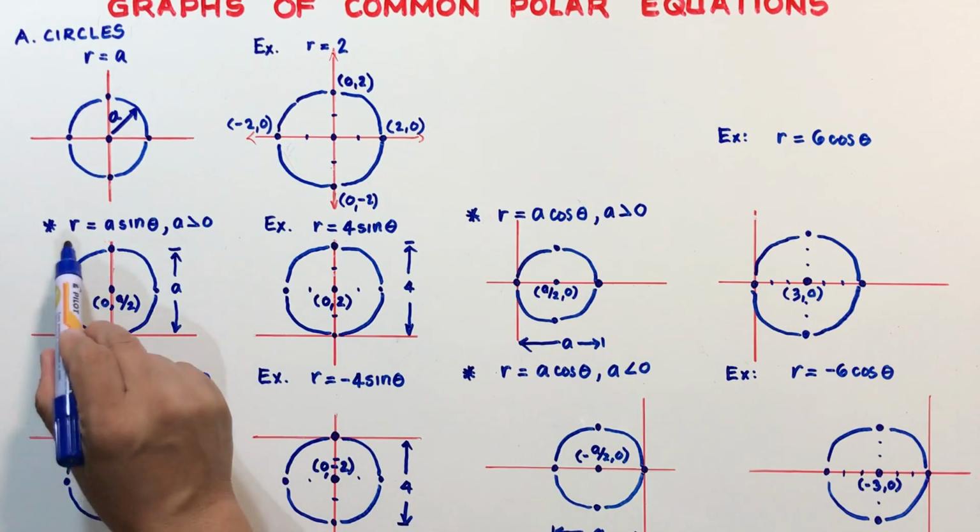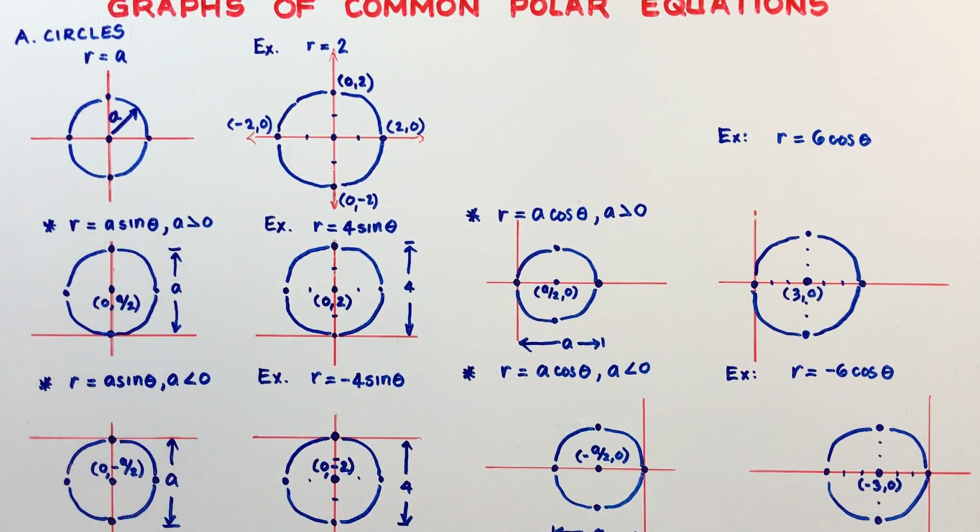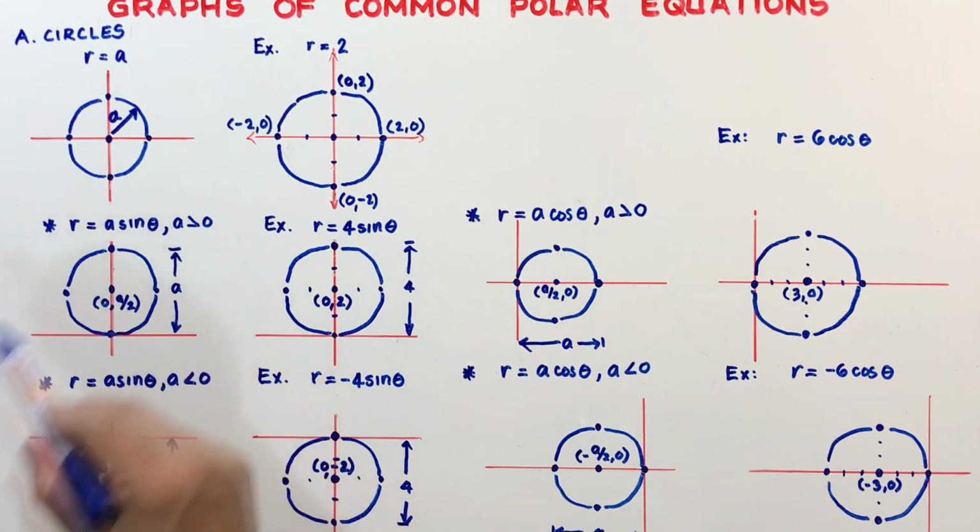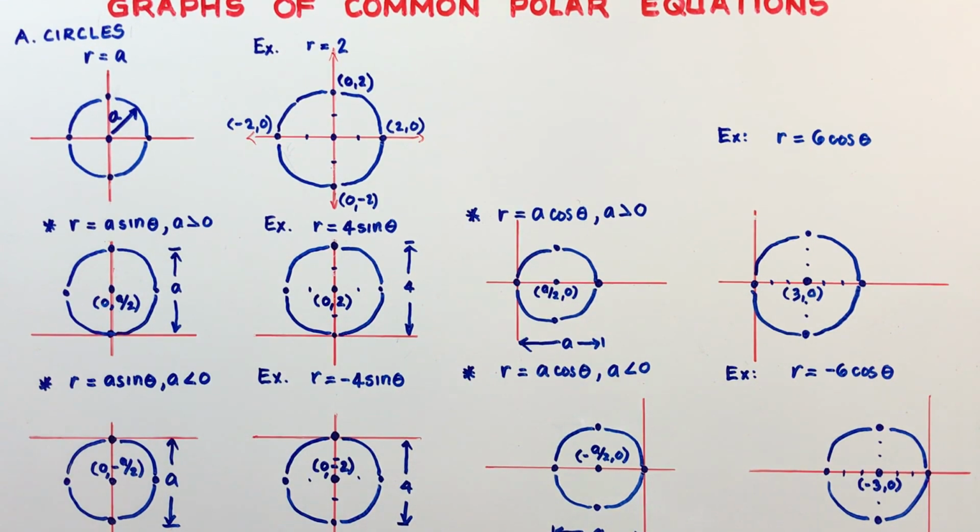So we have here r equals a sine theta, and in this classification we can still classify it into 2, because when a is positive, it is above the x-axis, and when a is negative, it is below the x-axis. But all of them are having centers along the y-axis.